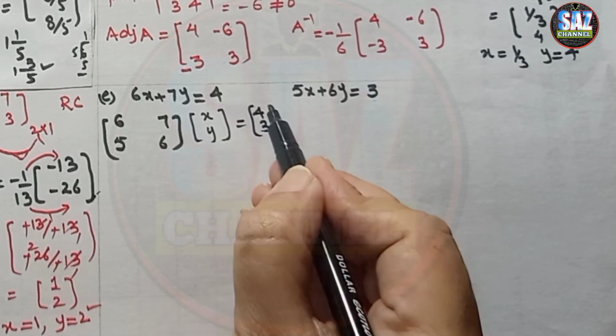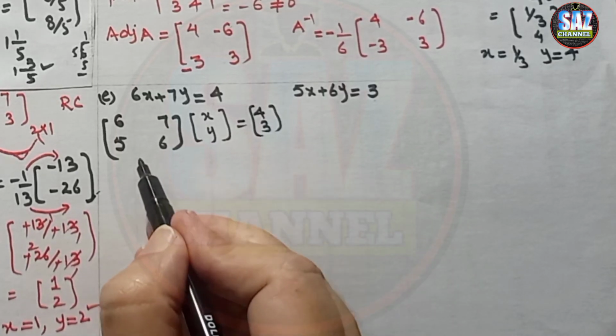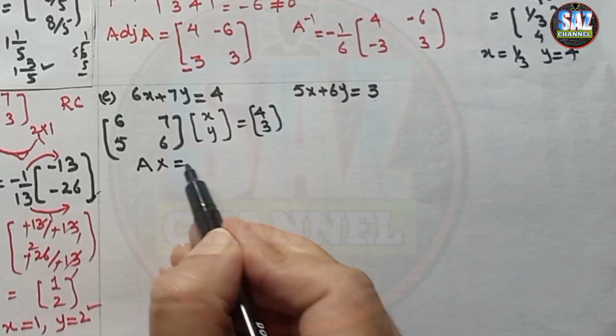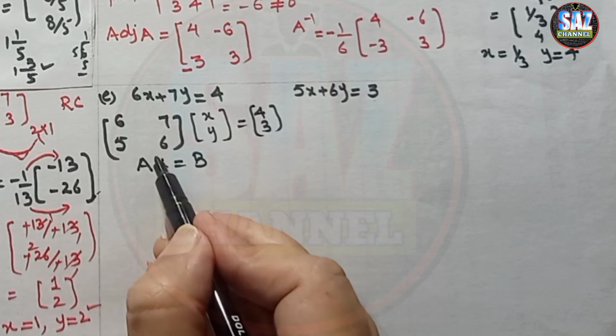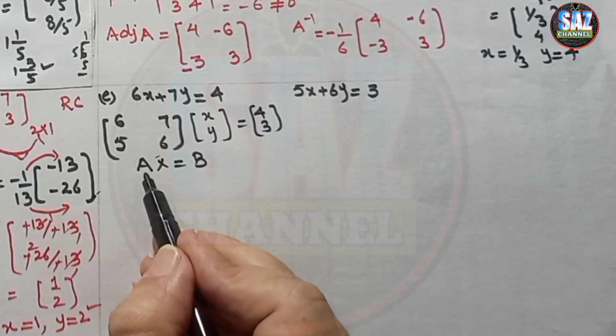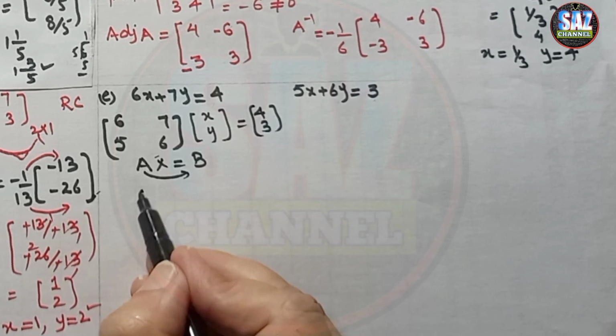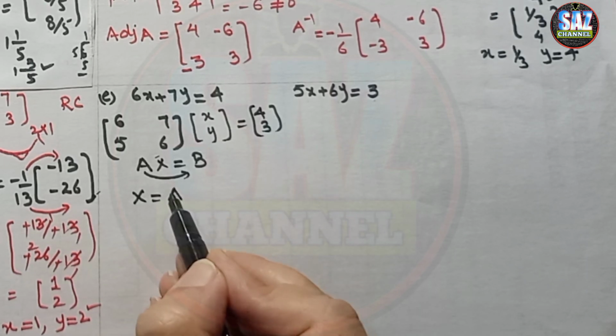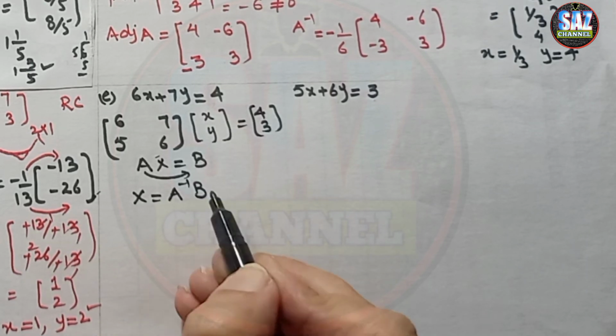Then associate some letters, like AX equals B. We need to find the value of X, so shift this A to the other side. X will be equal to A inverse B.